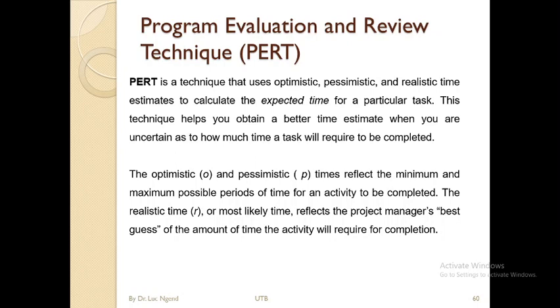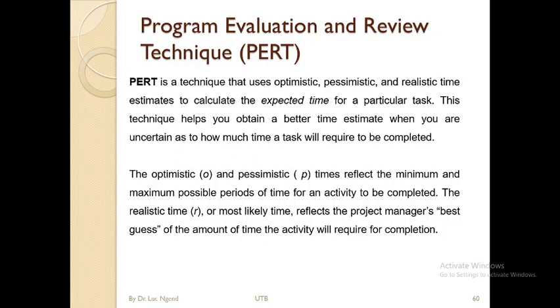The optimistic one, which is the minimum time. The pessimistic one, which is the maximum time. And then the realistic time, which is the best guess of the analyst, the project manager. You see?